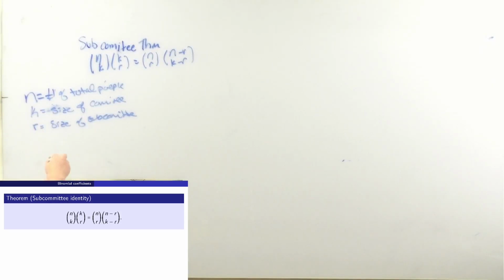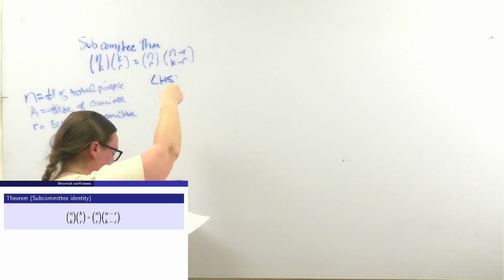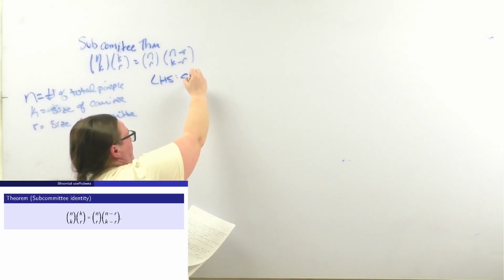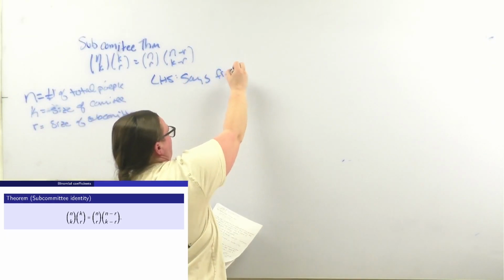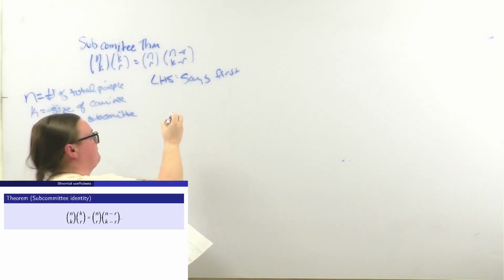Okay, so we have two ways to build these, and they are going to be equal to each other. So for the left-hand side, this says, first, we're going to choose our larger, regular committee.